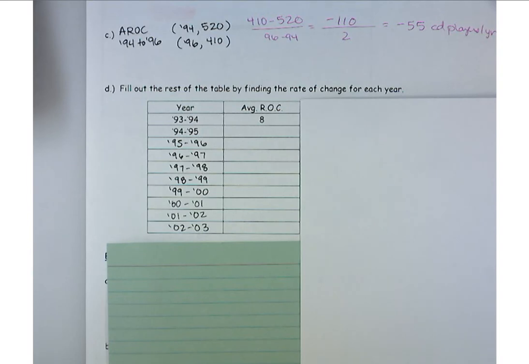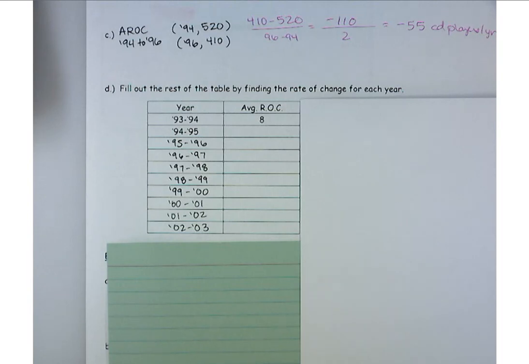And then negative 3. 58. 42. 80. 17. 125, negative 120, and negative 28. How did we do with that? Good.